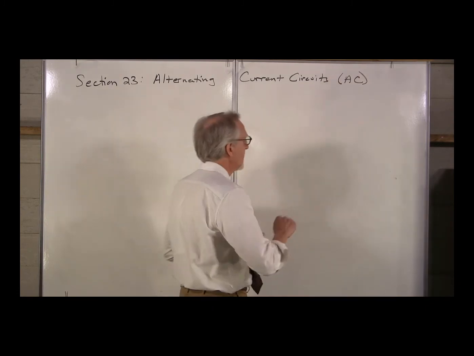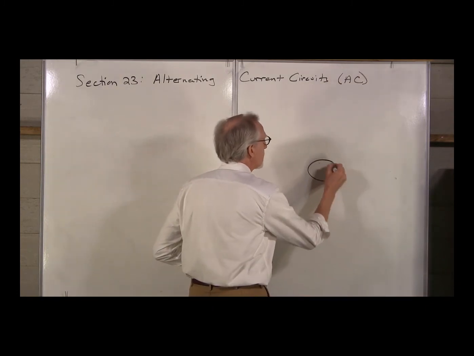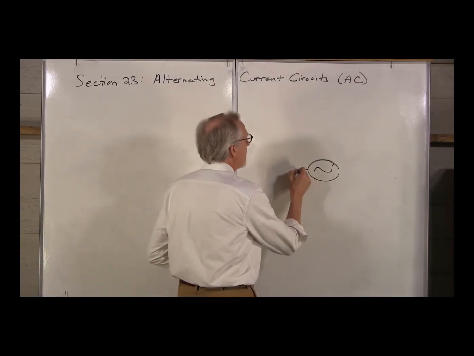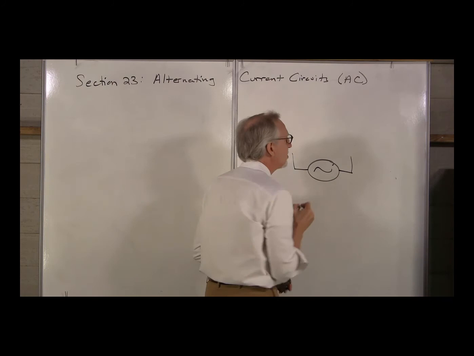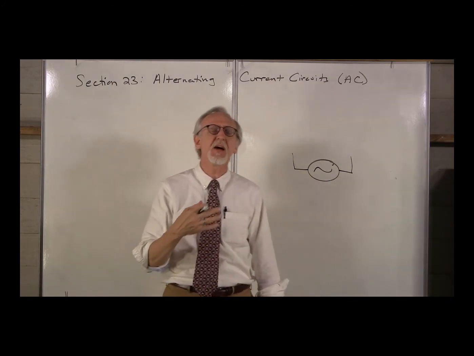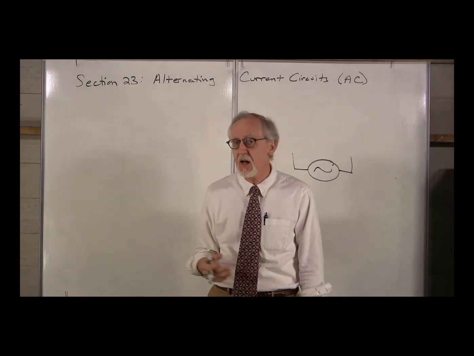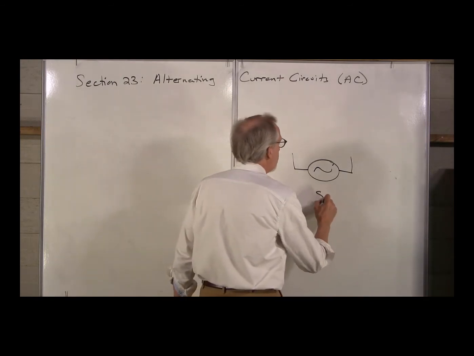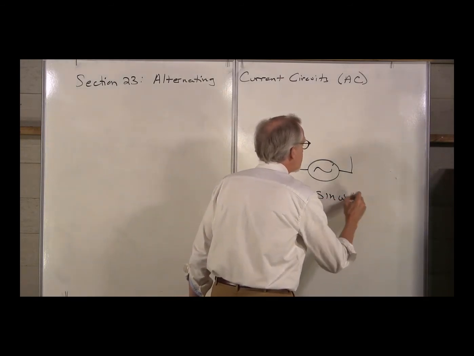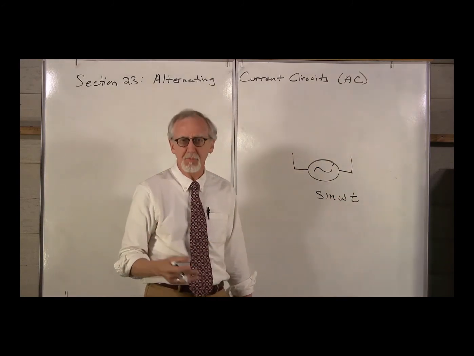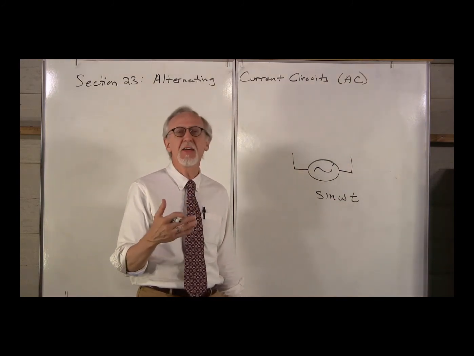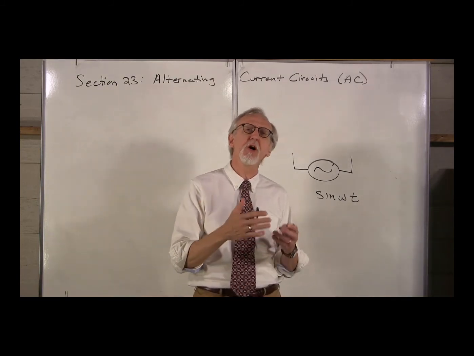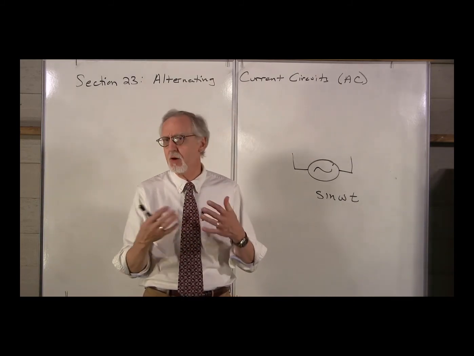We're going to indicate it like this, with a circle and a little sine wave. This voltage source, rather than applying a constant voltage, is going to apply a voltage with a form that looks like a sine omega t time dependence. Omega we can think of as the angular frequency, which we know is 2 pi times the regular or ordinary frequency.